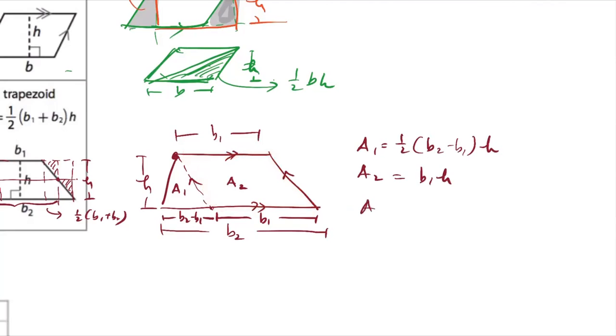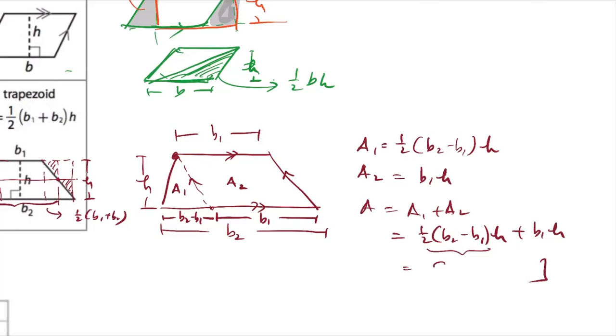So the total area is A1 plus A2. So that means we got 1/2 (B2 minus B1) H plus B1 H. Let's distribute this 1/2 and factor out the H, shall we?